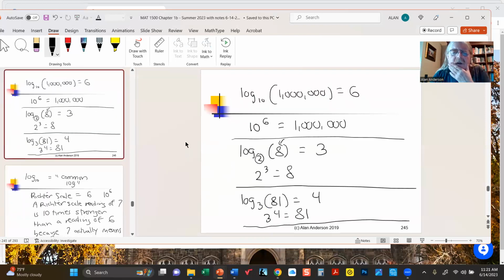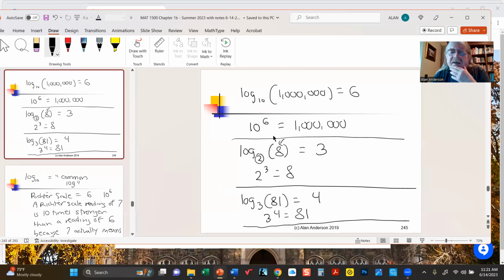All right, let's take a look at a few other simple examples. For example, the log base 10 of 1,000,000 is 6. And again, it's because 10 to the 6th power is 1,000,000. Now, here's a different one, log base 2. Log base 2 of 8 is 3 because 2 to the third power equals 8.